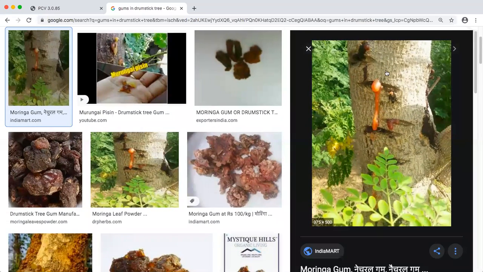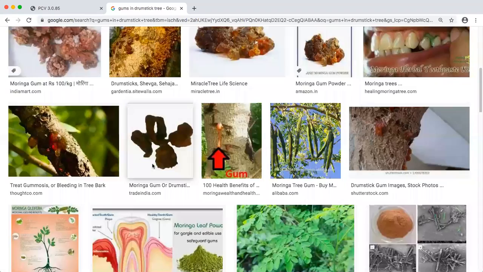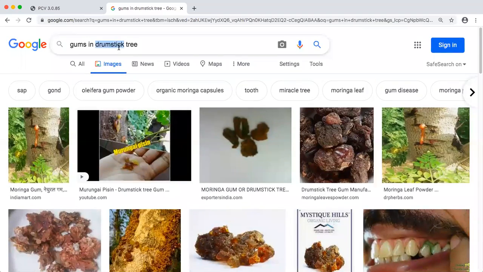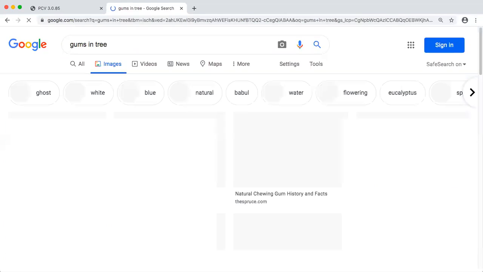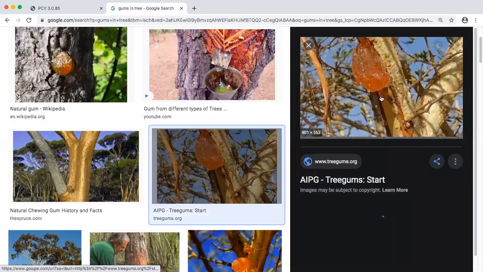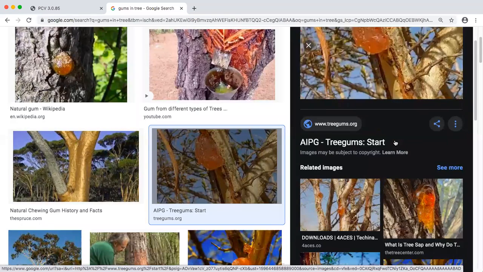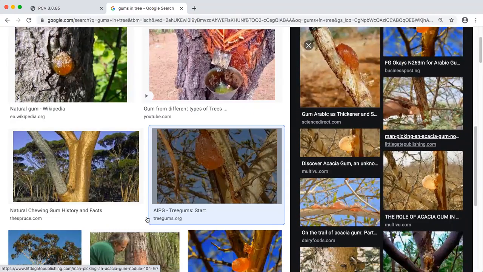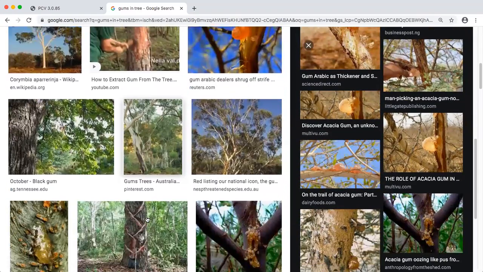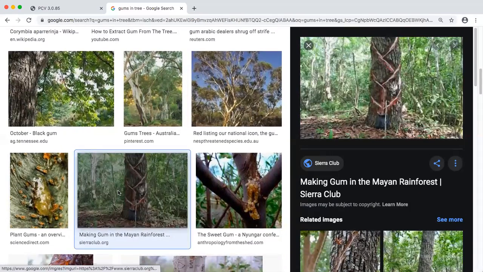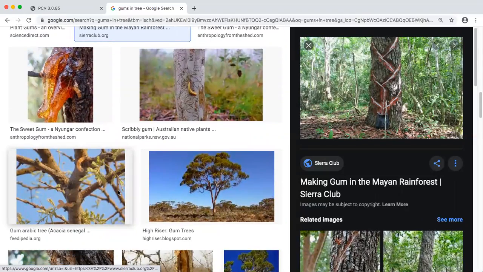So it is a waste again. And then gums in trees. This kind of extra structure that you see, these are all waste only. The plant does not want it, so it is trying to remove it. Rubber is also a resin only, but the plant does not want it. It is all waste generated by those plants.